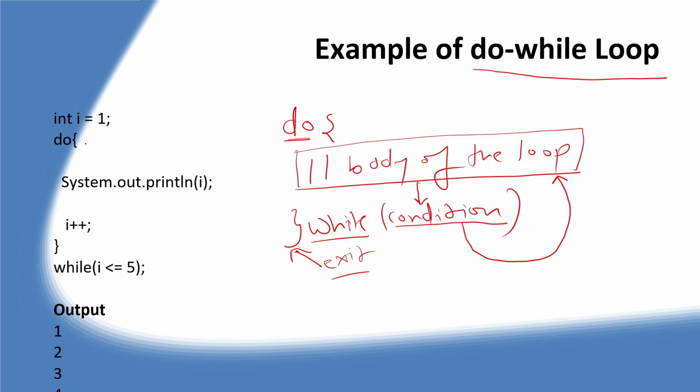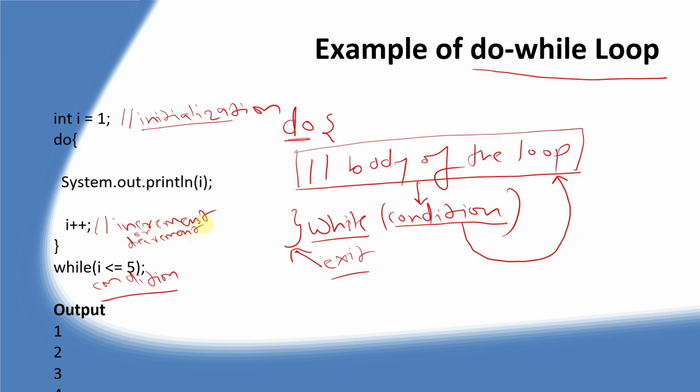So this is an example of a do-while loop. This is the initialization. As we have seen, there are three components in each loop: initialization, condition, and increment or decrement.